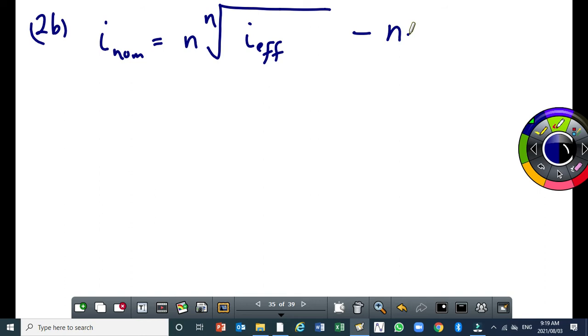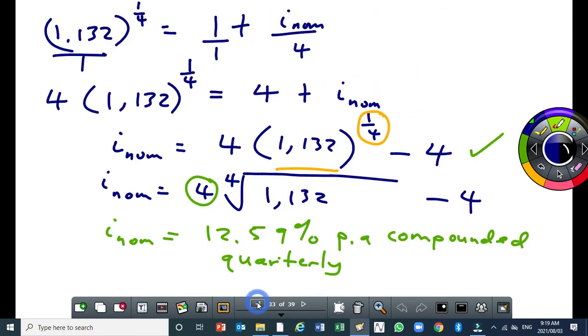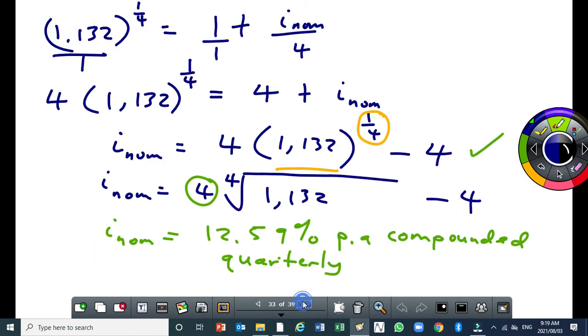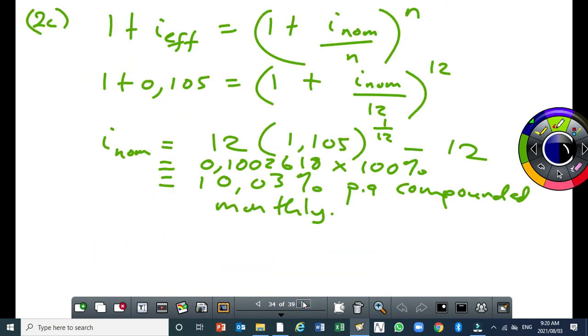If you did it whichever way you did it, it's fine, but you are going to come to the same result. So in this case, it's compounded half yearly, so it will be 2 times the square root of the effective interest rate, which in this case is 14.5%, that's 0.145.